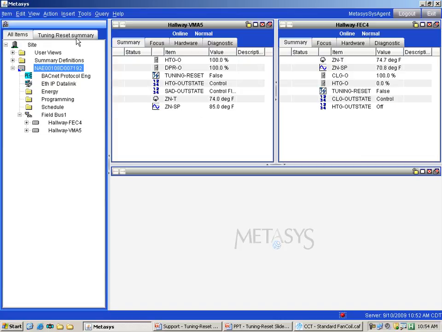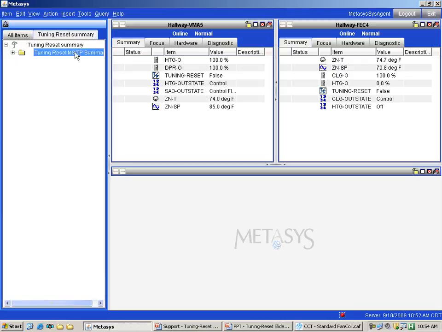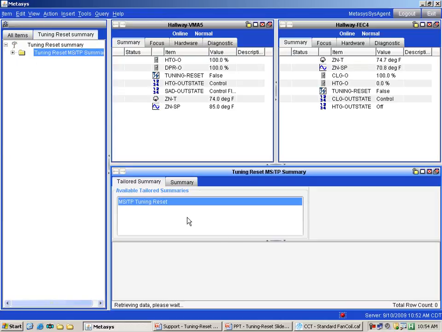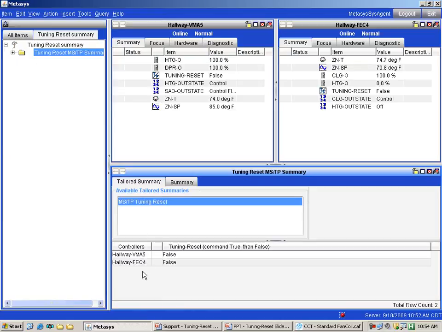But in order to do that, one of the methods is using a tailored summary. I have one already pre-built, and it's going to bring in my two controllers, and I've mapped in the point, the tuning reset command.